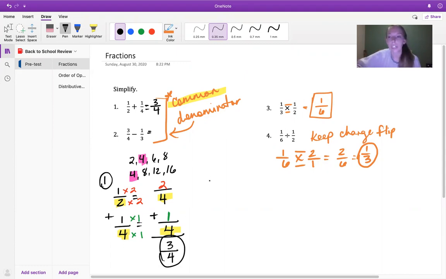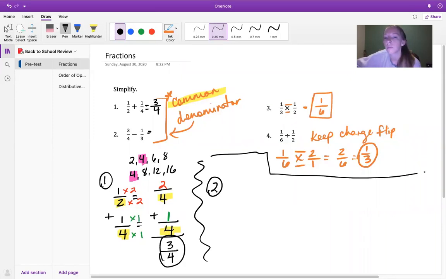So let's see if the same thing happens when we subtract. Let's split this up. We have number 2. Move all this out of the way. So we have 3/4 minus 1/3. Once again, we have denominators that are different. So what is a common denominator between 4 and 3?